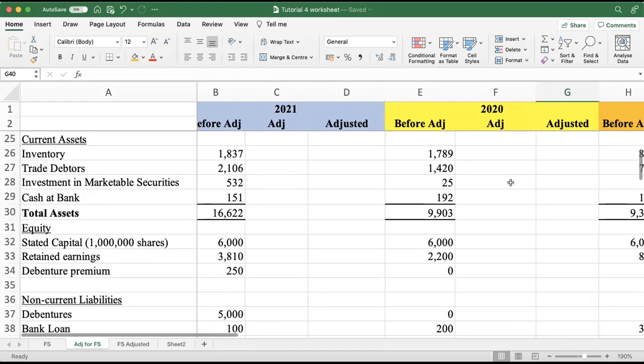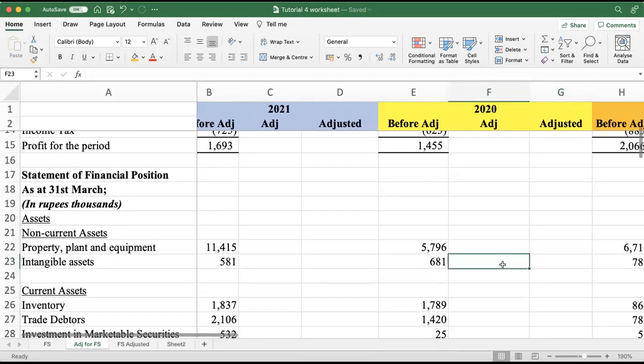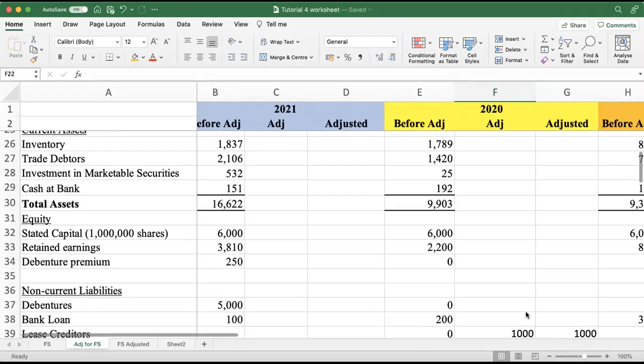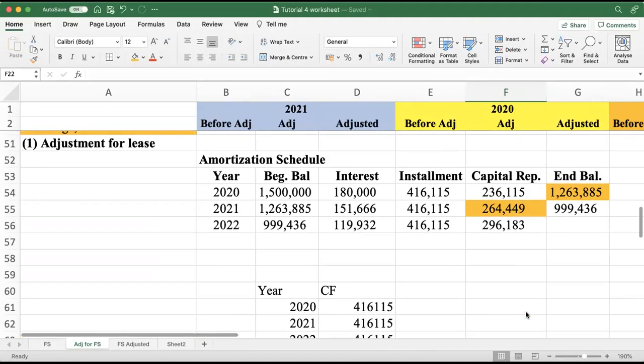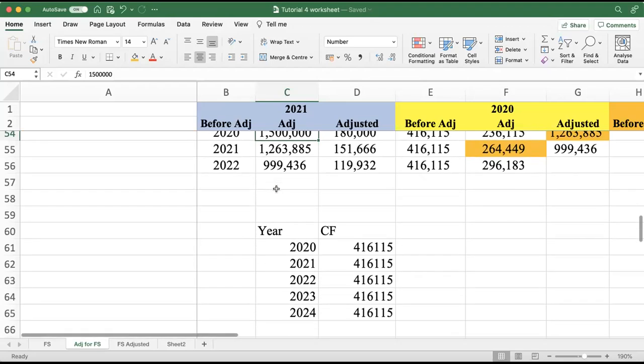Now you have to record the asset under non-current assets. So it's motor vehicle that comes under property, plant and equipment. How much asset value? Equal to the beginning lease balance, 1.5 million. So you have to depreciate the asset over 5 years.